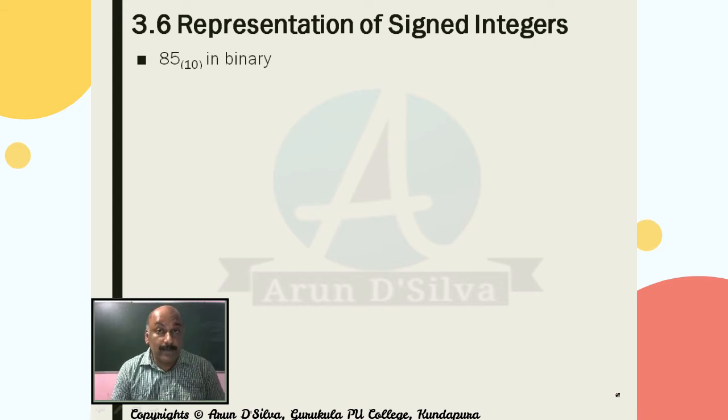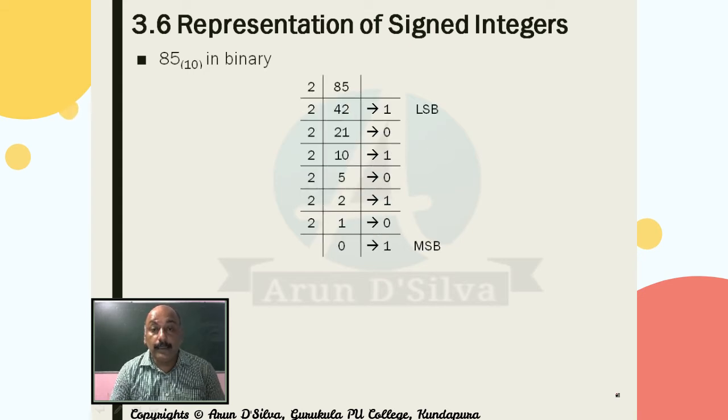How can we convert? I had already taught you the conversion from decimal to binary. If you are good enough, you can write it directly. If not, then make use of this method: successively divide it by 2, and at the same time record all the remainders on the right side.